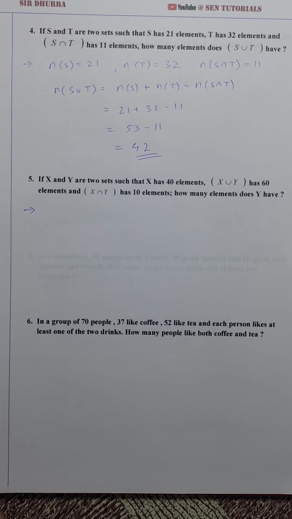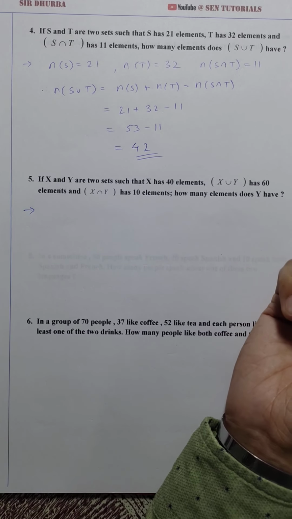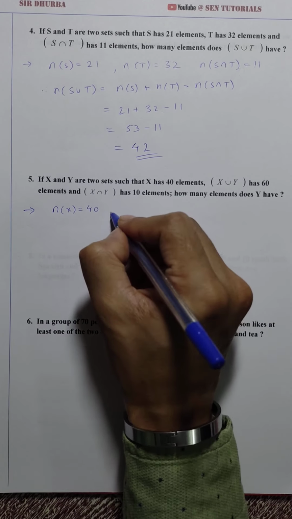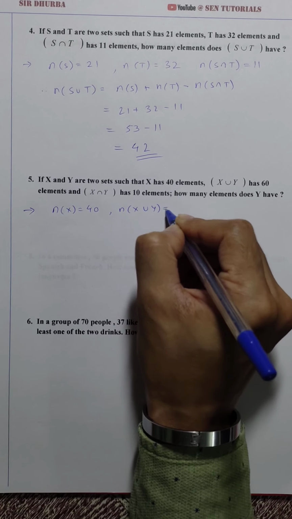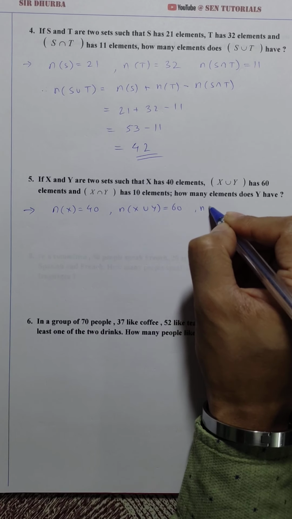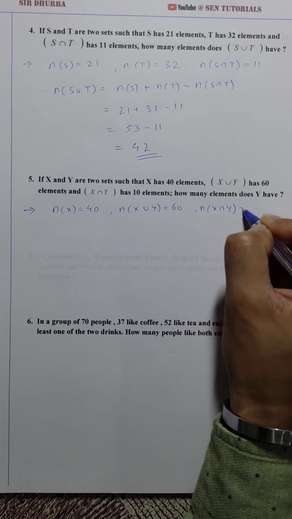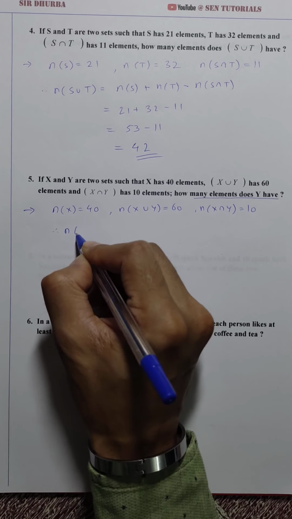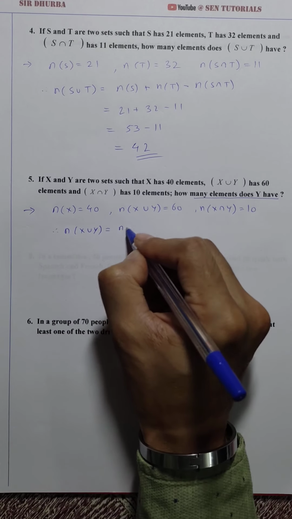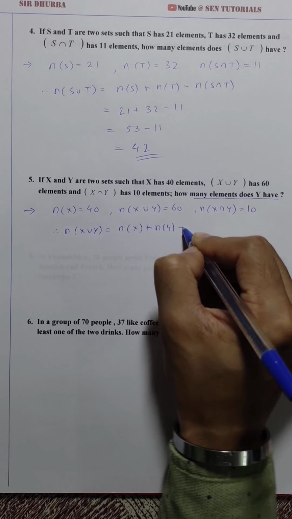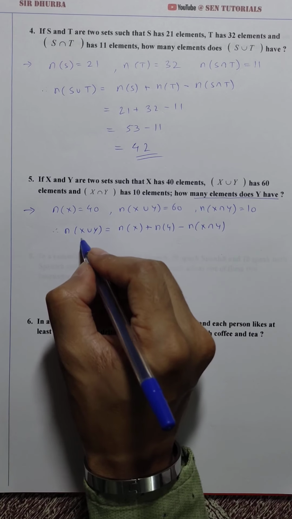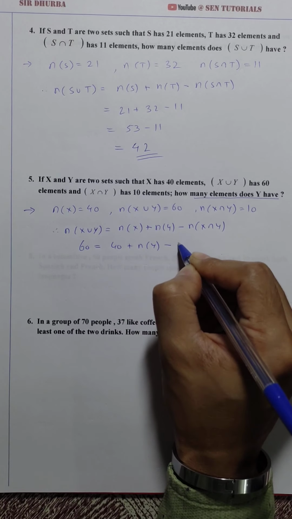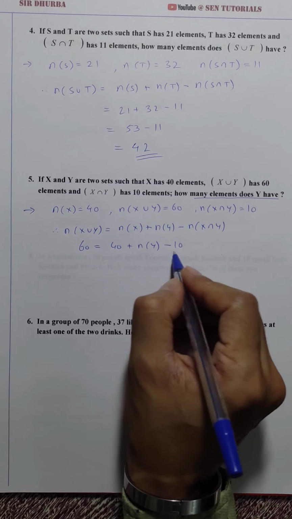It will be simple if you practice well. Again, X and Y are two sets such that X has 40 elements. The number of elements in X union Y is 60, and in X intersection Y is 10. How many elements does Y have? So for X union Y, n(X) plus n(Y) minus n(X intersection Y): here it's 60, here 40, and here we have to find, and X intersection is 10.